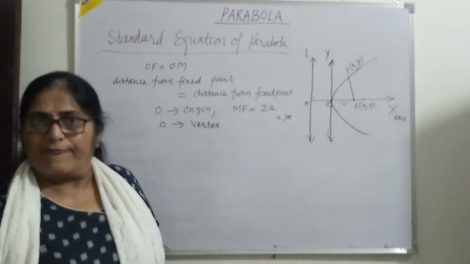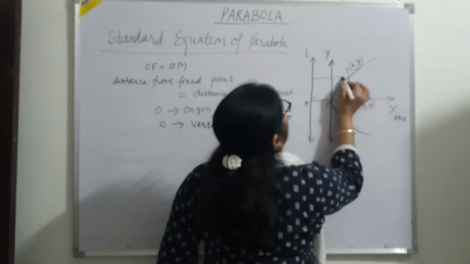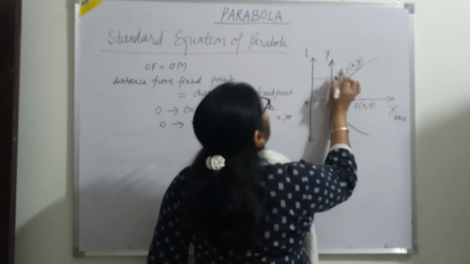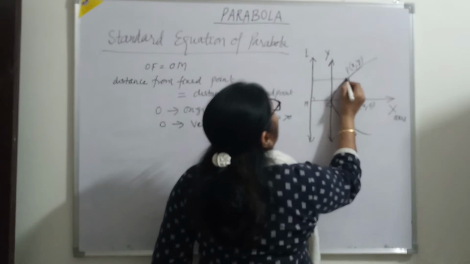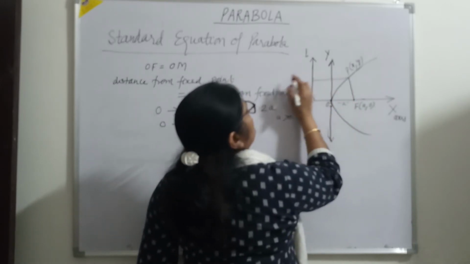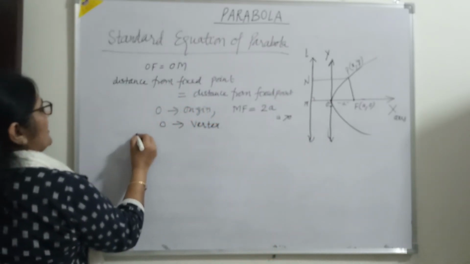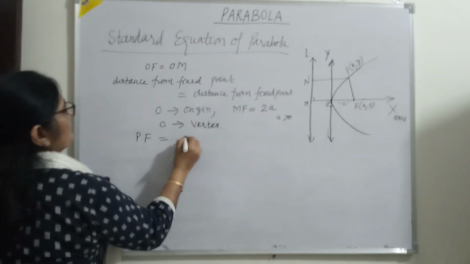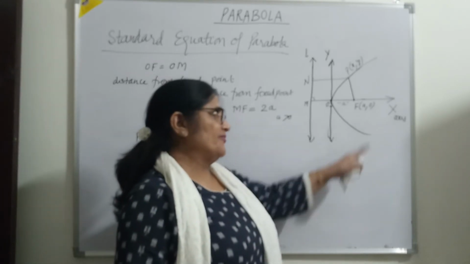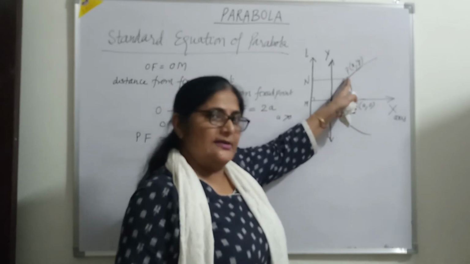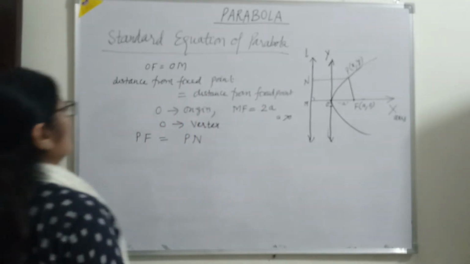It is the distance from the fixed point, and PN is the distance from the fixed line. So PF is equal to PN, as per the definition of a parabola.